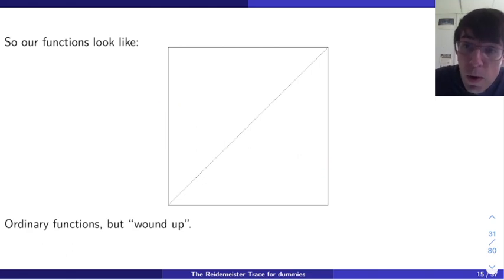And also, the codomain is also going to be the circle, because in fixed point theory you always have to have a function from a set onto itself. So I'm also going to consider, vertically speaking, the top line here glued together with the bottom line. A typical function I'm going to talk about would look maybe something like this.